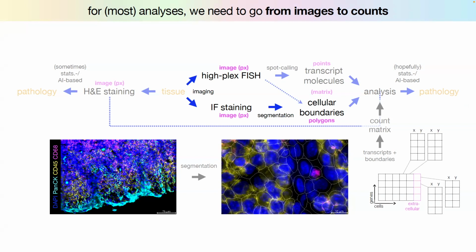For every cell, we get XY coordinates. This is typically the centroid of the cell. And for every gene, we get a stack of X and Y coordinates for the transcripts or the targets that we're targeting. And in addition, we have one vector you can think of as the extracellular targets. These were just not assigned to any cell, but they're still part of the data set. They still exist.